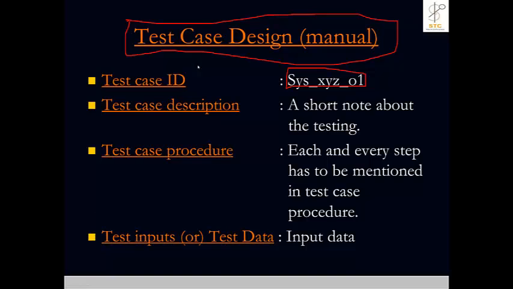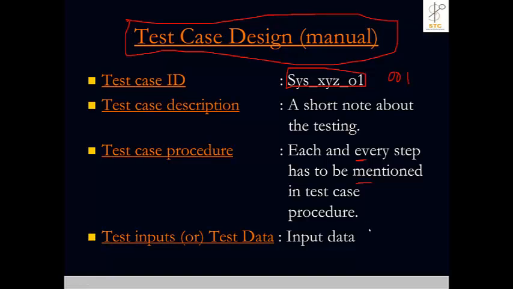Test case ID is some 001. Test case description is testing the login functionality of Gmail. Test case procedure is: enter correct username in the username field, enter correct password in the password field.